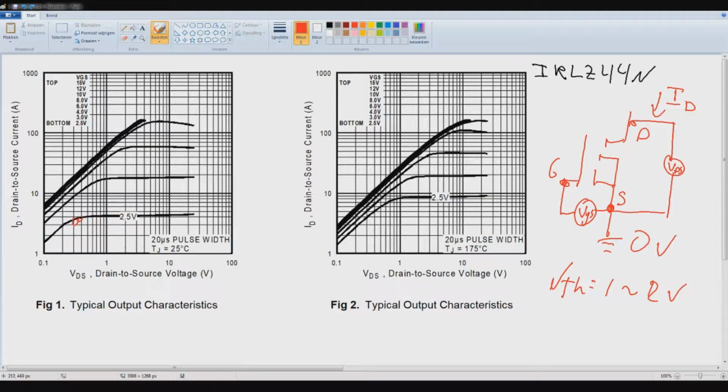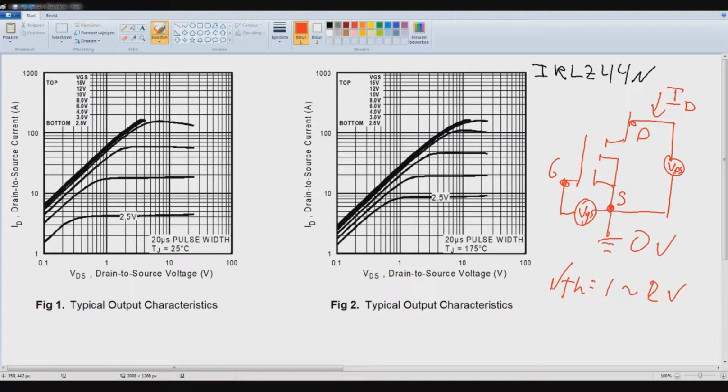As you can see over here, from 0.5 volts only, all the way up to 25 volts, it doesn't change much. So that's important to know, that the gate voltage does indeed matter.